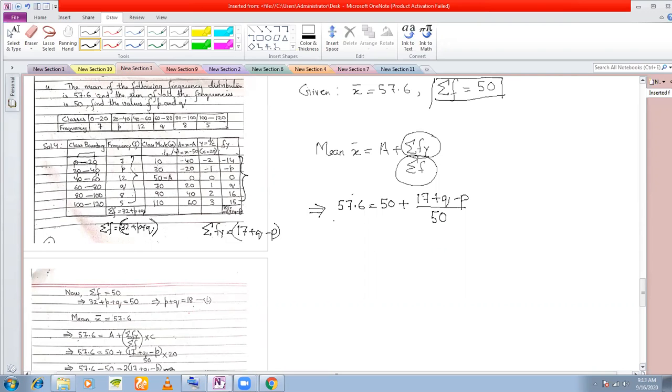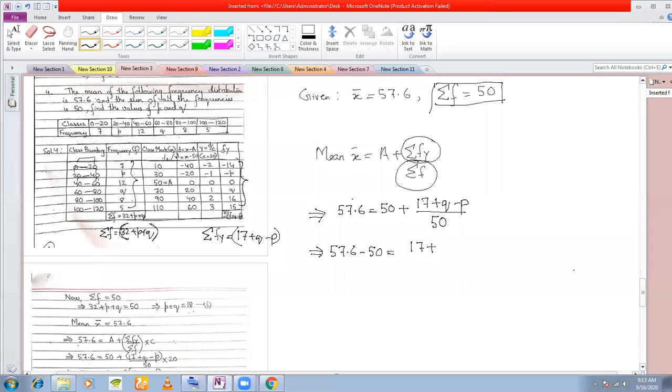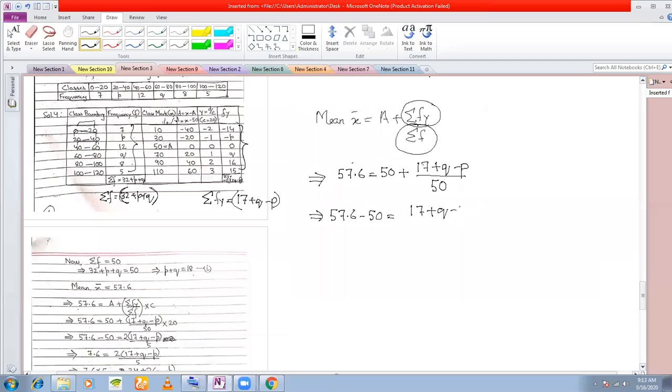So all this will give me an equation in p and q. 57.6 minus 50 is equal to 17 plus q minus p divided by 50, and obviously this is multiplied by c also for the step deviation method.